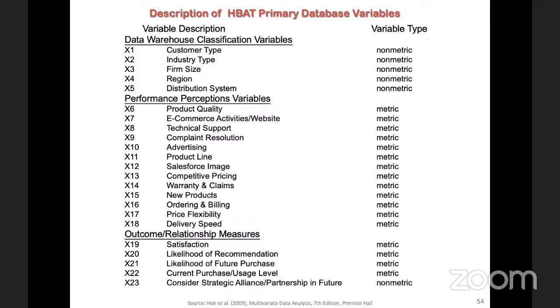I'll take one example, which talks about the perception of consumers regarding a product. These are the different metric and non-metric variables used in the analysis. To show you the factor analysis, I'll be using the performance perception variables from x6 to x18.